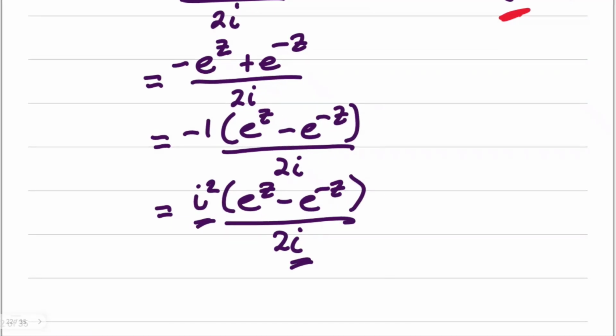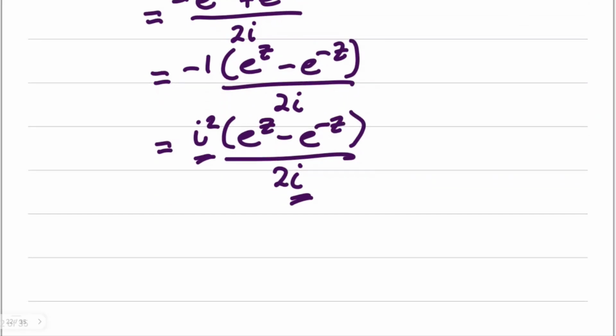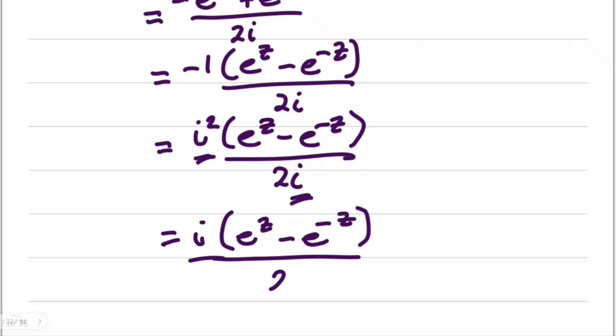So when we factor that, we'll have i times e to the power of z minus e to the power of negative z, all over 2. Hopefully that's clear. We are able to cancel because we have same factors of i, and we have two i's on our numerator, so i squared, and we only have i remaining.